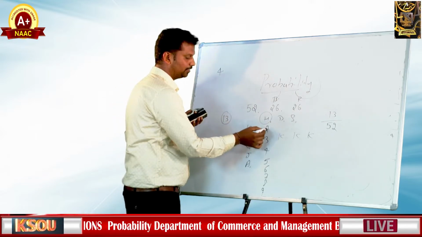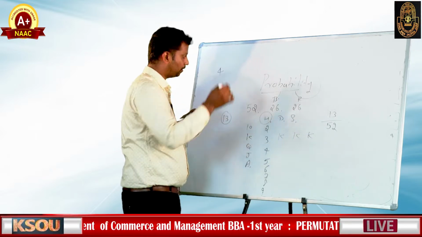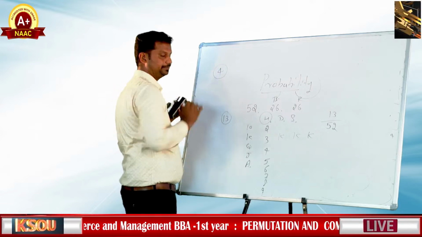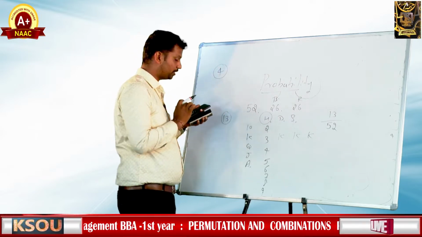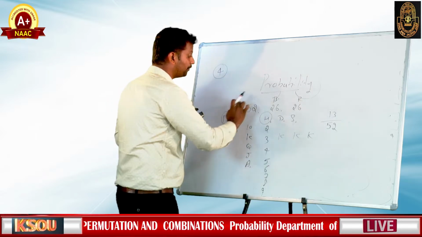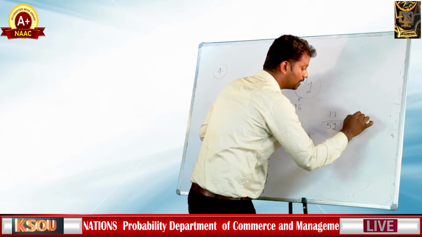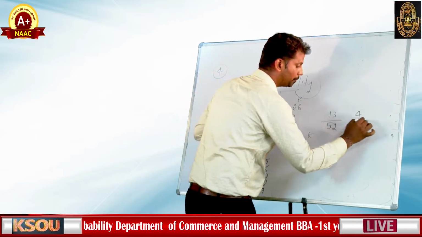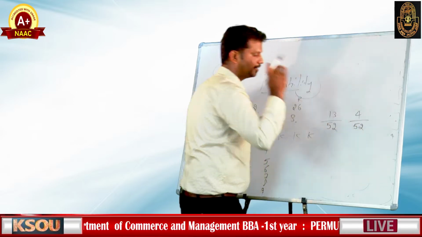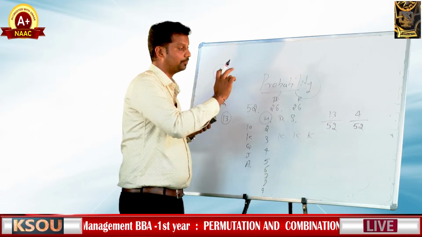One card heart, one card diamond, one card spade, another one. All types of card will be 4 cards. The question is, what is the probability of getting the king? Out of 52 cards, 4 cards are king. So 4 divided by 52.